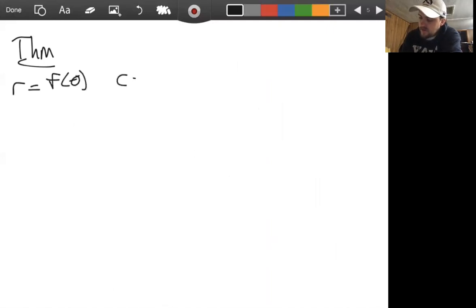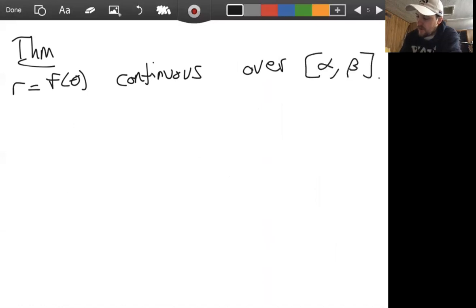So let's kind of recall what we've learned with the theorem here. Let r equals f of theta be a continuous function over the interval theta goes from alpha to beta. In general, let's also just restrict that beta minus alpha is between 0 and 2 pi here.